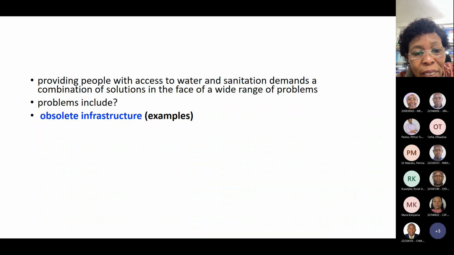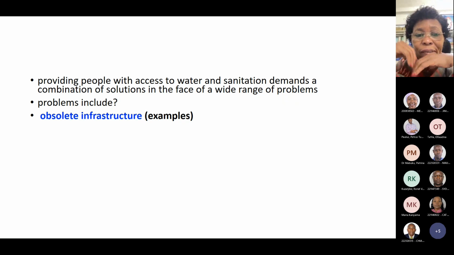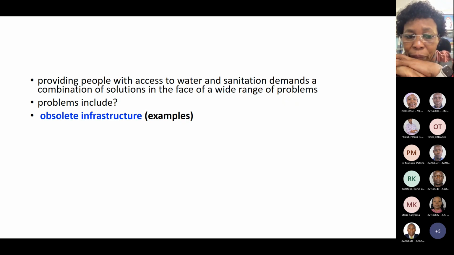There is obsolete infrastructure. Within SADC and within Africa in general, the level of economy of the countries differs. We are not homogeneous with regards to the level of the economy.